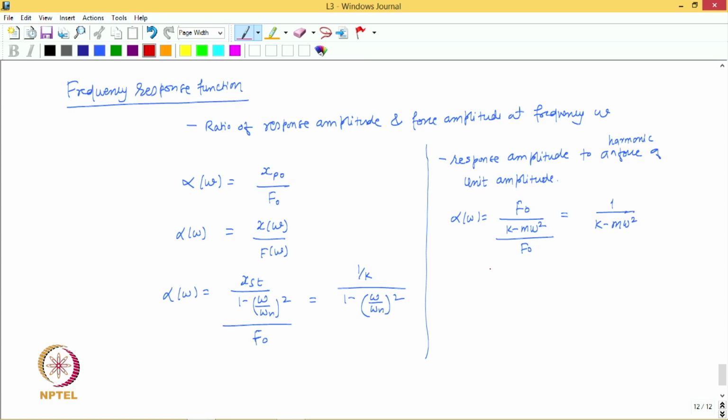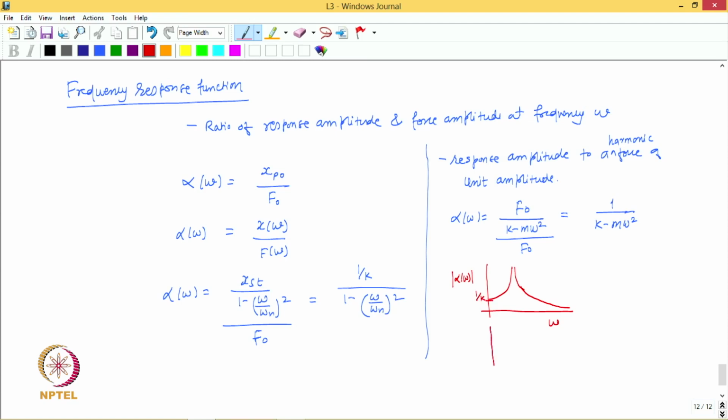If you plot the FRF, I can plot the magnitude of the FRF here as a function of omega. This plot is going to look like this, and this is nothing but 1 by k.